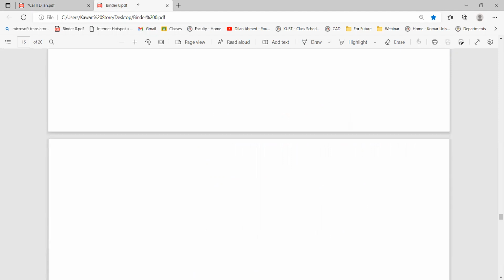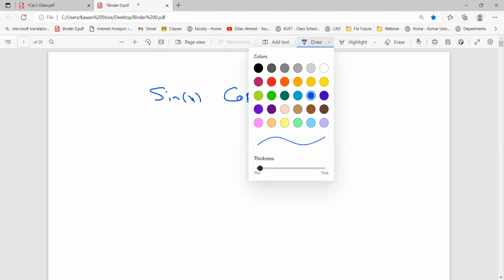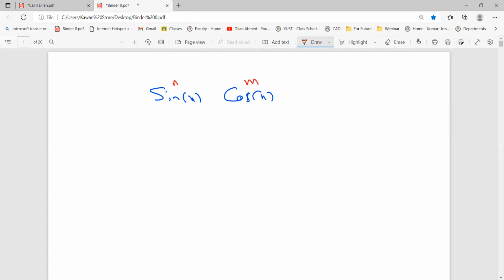When you say trigonometric functions, we mean we have many things. For example, if I have sine of x multiplied by cosine of x with different exponents, how do we solve that one?